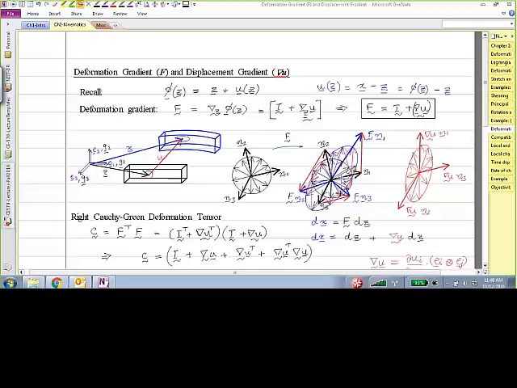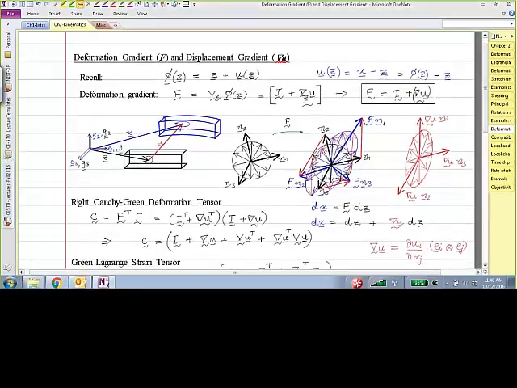And I showed you how to construct it from the black deformed tangent vectors to the blue deformed tangent vectors. The red vectors that connect them give you this displacement gradient ellipsoid.